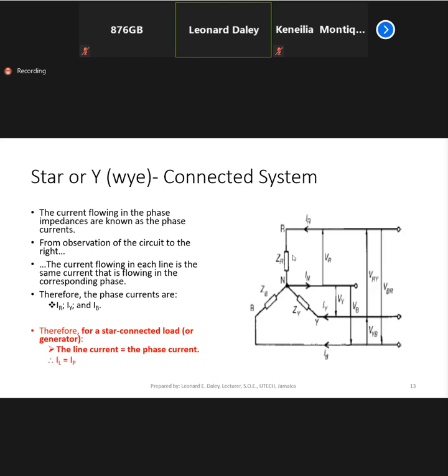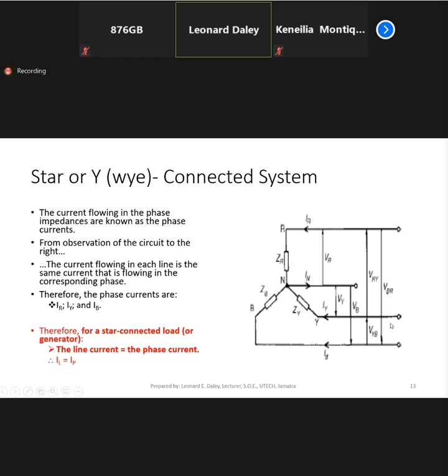Now the current flowing through the phase, I should have said through the phase impedances, are known as phase currents. All right, so the current flowing through this impedance here is a phase current. Now, if you observe, you will realize that the line current flowing along the line here is also the same current flowing through the phase.